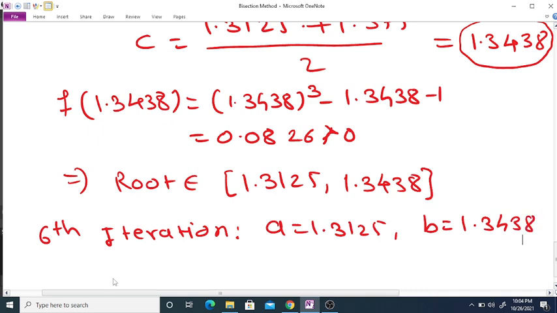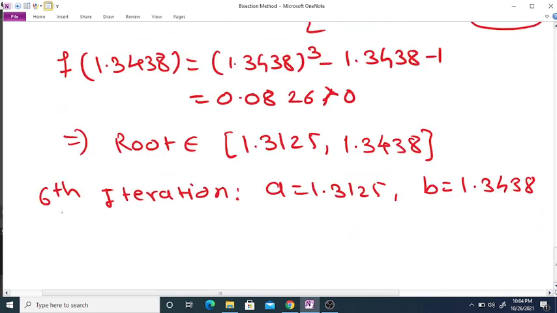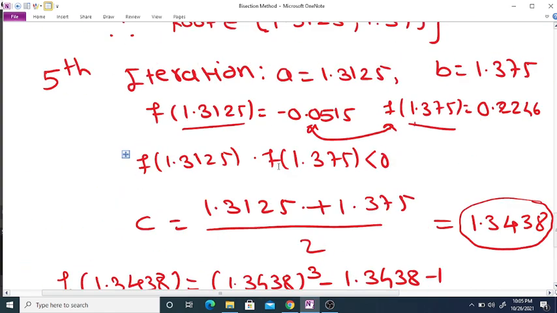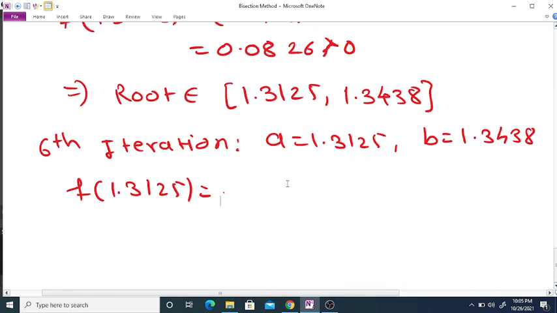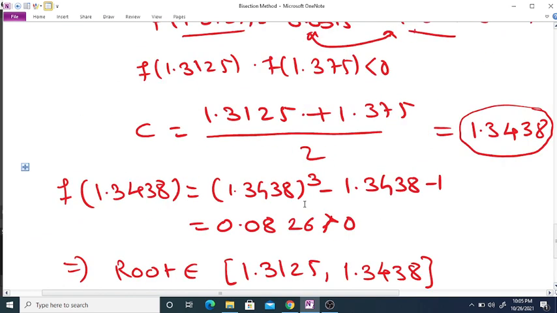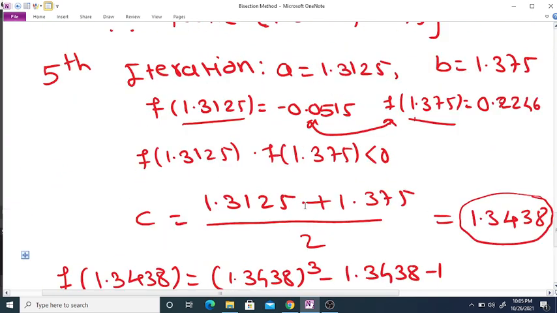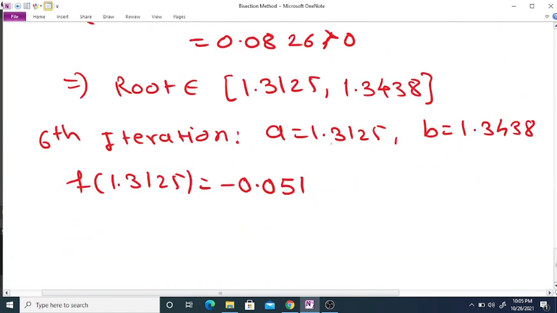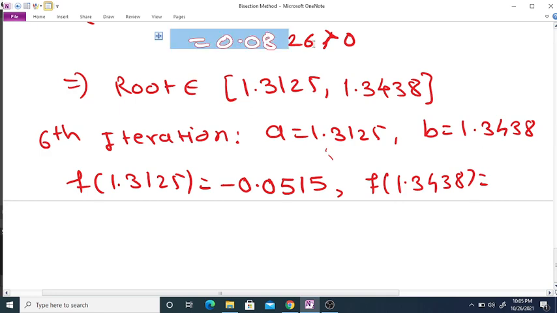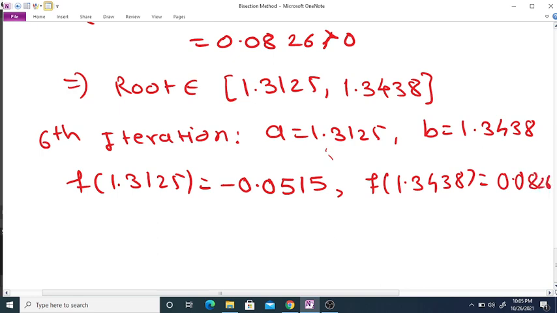The value of f of 1.3125 is minus 0.0515 and f of 1.3438 is 0.0826.